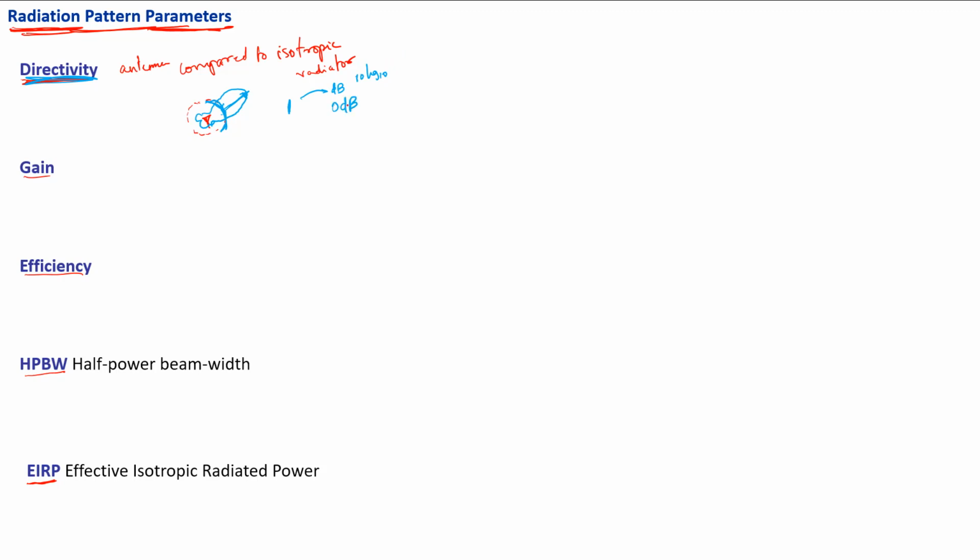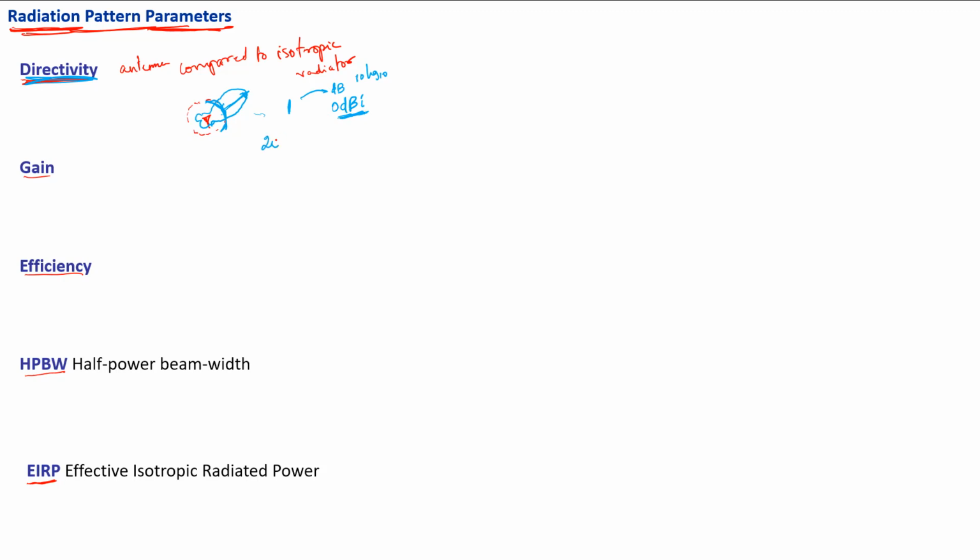If I say the antenna has a directivity of 0 dB, then we call it an isotropic radiator. Since directivity is always with respect to the isotropic, we use a special unit, dBi, meaning that many dB with respect to an isotropic radiator. So for an isotropic antenna, the directivity is simply 0 dBi.